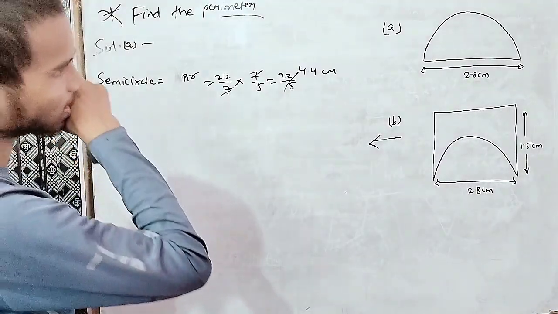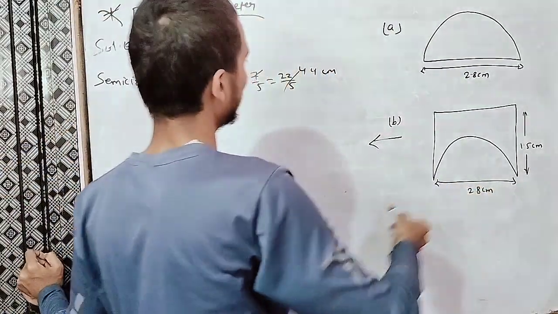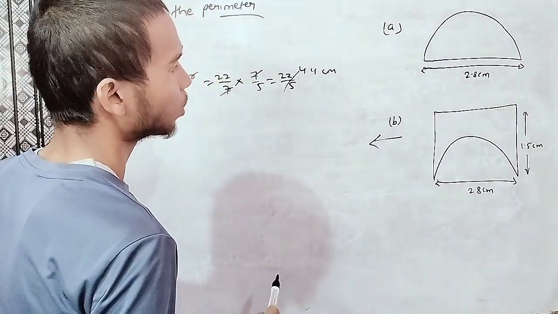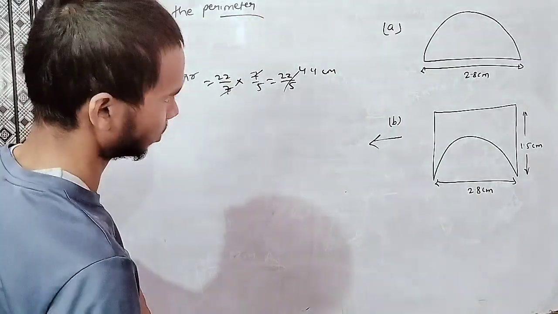Now here we have 1.5, and this is how much? 2.8. So of course we can say we have a rectangle.